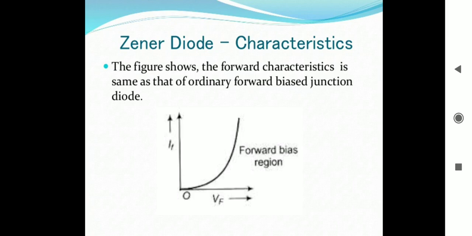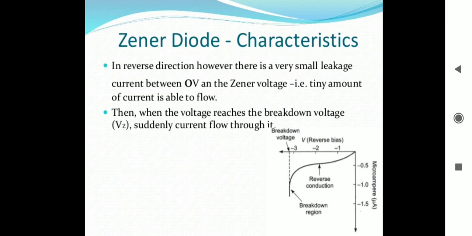The characteristic graph for the Zener diode in forward bias condition will look like this. For reverse bias conditions, the characteristics of the Zener diode in reverse bias can be seen in this direction. Here you can see in this graph, as the current increases after a certain limit, the Zener voltage remains constant.